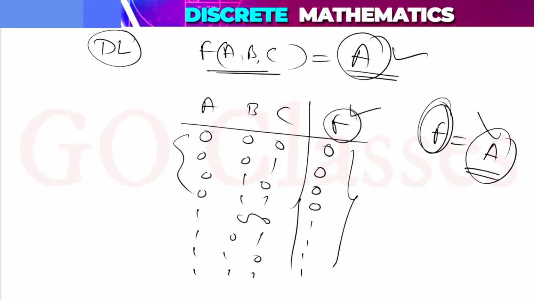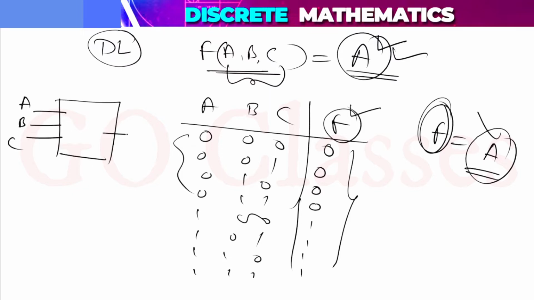This function is defined for 3 Boolean variables, but the output is always determined by A. So B and C are basically useless. That is the point.